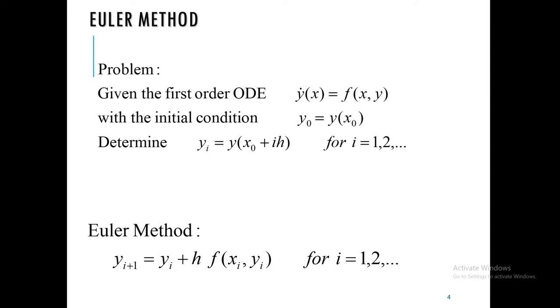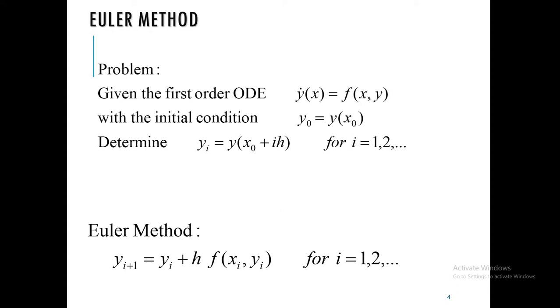Are you getting it? So your derivative equation is always the function f, and f is a function of x and y. We know the general form of a differential equation is also given as y prime plus a y equals p of x. So we can rewrite it in this form.